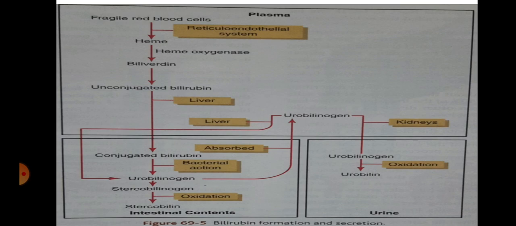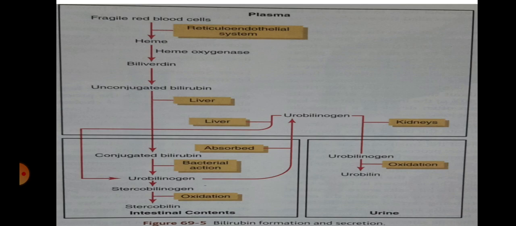Biliverdin is converted into free bilirubin, or unconjugated bilirubin. It enters the liver. When it is in the liver, it is converted into conjugated bilirubin.